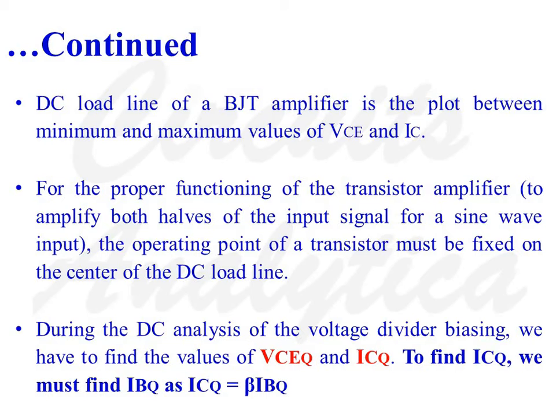So here VCEQ and ICQ are the voltage difference between collector and emitter when there is no input signal, and the current flow through the collector of the transistor when there is no input signal, respectively. Similarly, IBQ represents the base current of the transistor when there is no input signal.